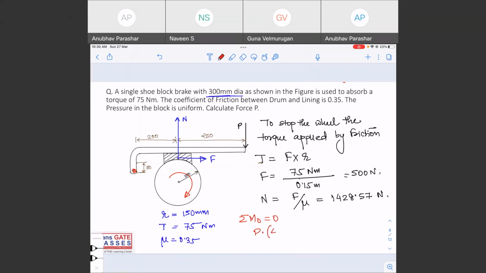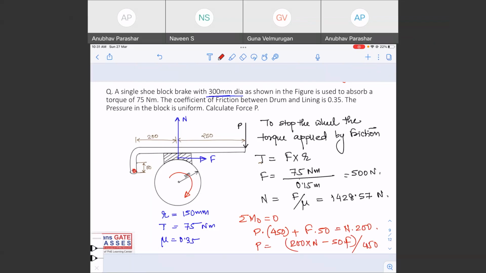P into 450 plus friction force F into what is the distance of the friction force, that is 50, it is given as 50, right? 50 minus N into 200, or simply I can say is equal to N into 200. You have the values, substitute the values, you can find out P is equal to 200 into N minus 50 into F divided by 450.